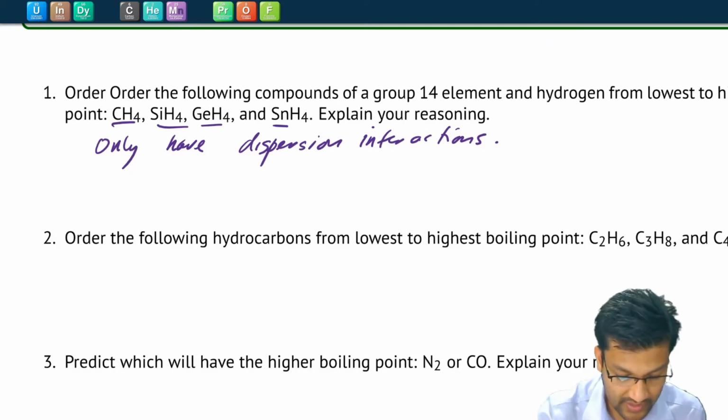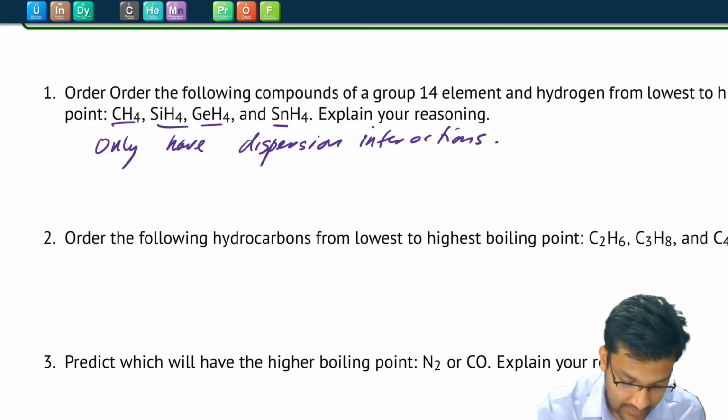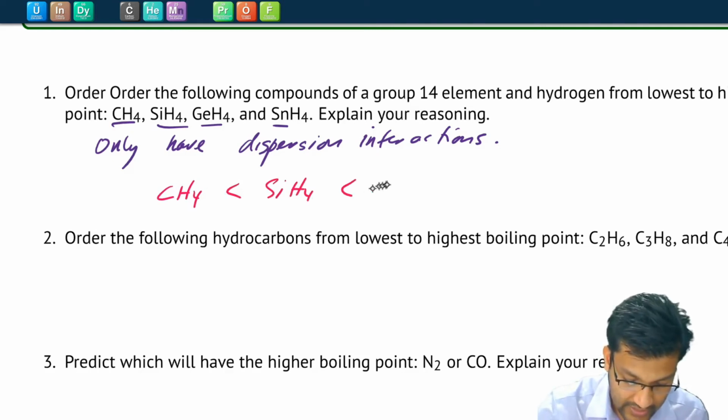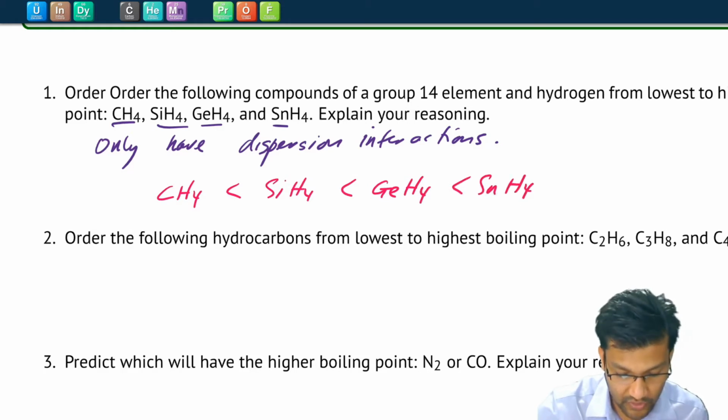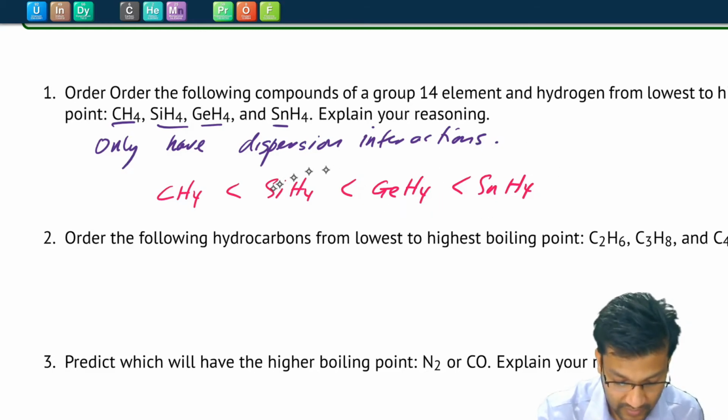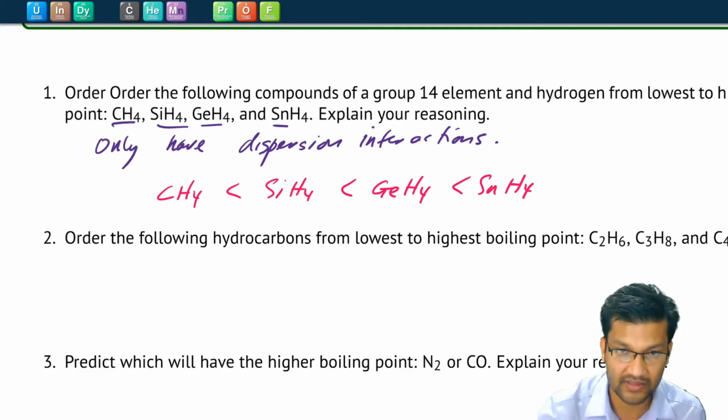In this case, it's carbon, silicon, germanium, and tin. And we will find that carbon is the smallest radius atom, followed by silicon, followed by germanium, followed by tin. In fact, the same order that I have it written. So because of that, tin will have the highest boiling point, followed by germanium, followed by silicon, followed by CH4, which is methane, which is actually a gas at room temperature.